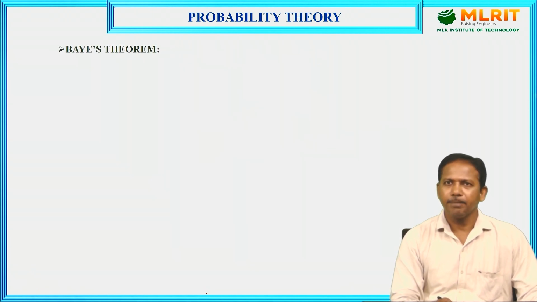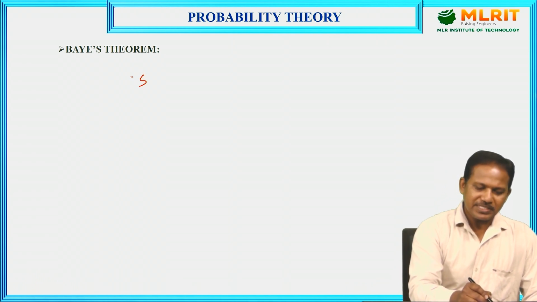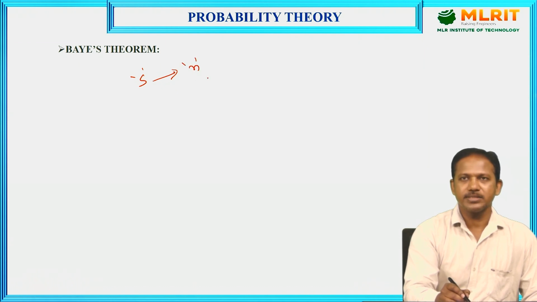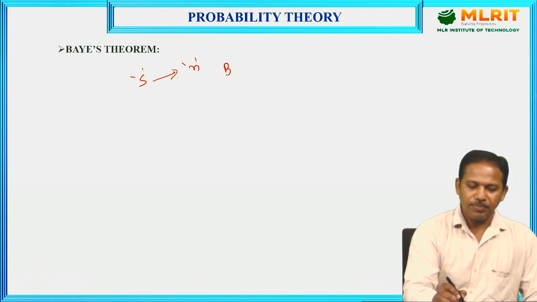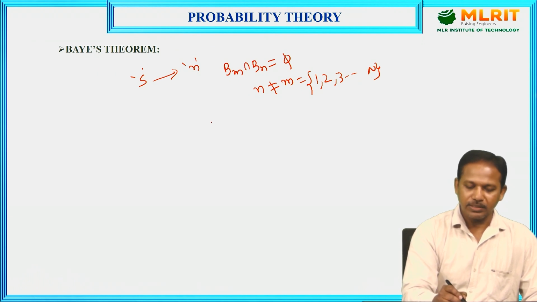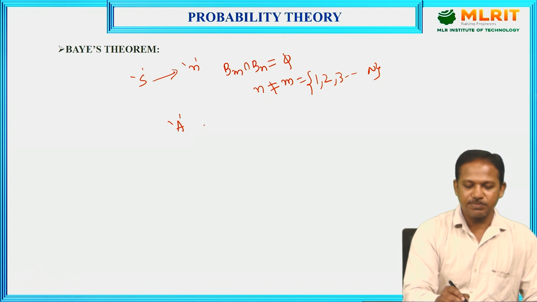Next one, Bayes theorem. Here the sample space S has n mutually exclusive events, that is Bm intersection Bn equal to phi for m not equal to n, with n equal to 1, 2, 3, and so on up to n. Then event A is defined on this sample space.